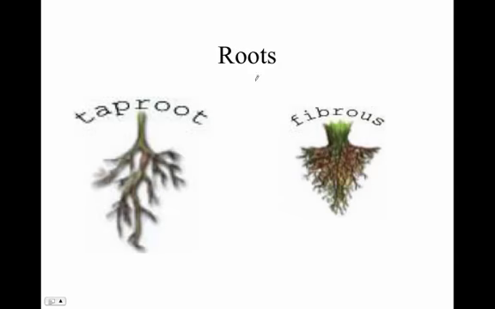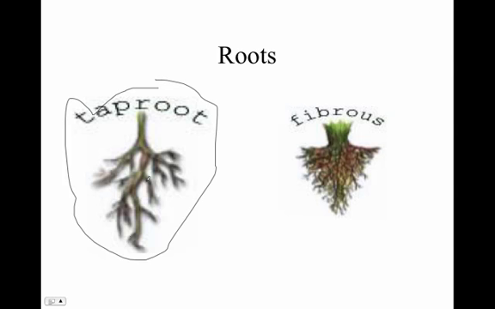So let's talk about roots. There's usually two types of roots. One is a taproot. Taproots are long and they dig deep into the soil. And they're usually for plants that are adapted for environments that there isn't a ton of water.